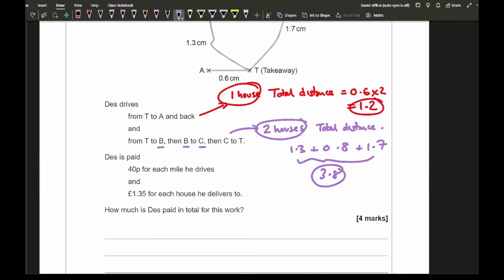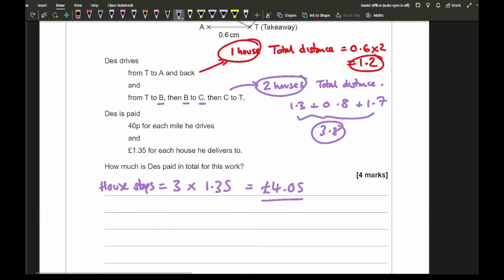So here the house stops equals 3. So that's going to be 3 lots of £1.35. And that comes up to a total of £4.05. And then the total distance is going to be, let me just get rid of that.